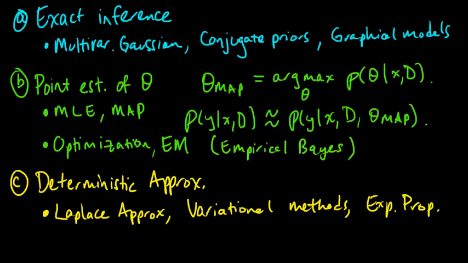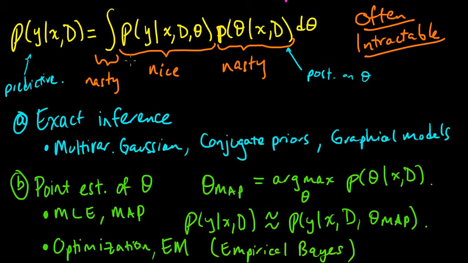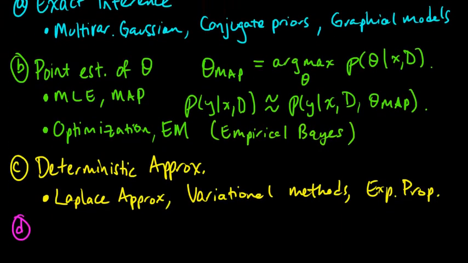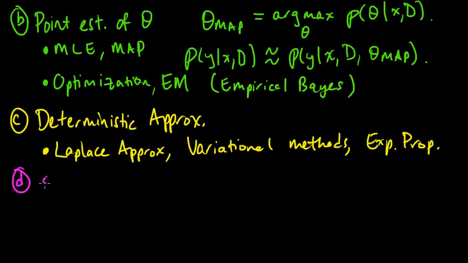The fourth category of methods to solve this intractable problem, or at least parts of it, is stochastic approximations. Very popular, and typically very simple to implement.